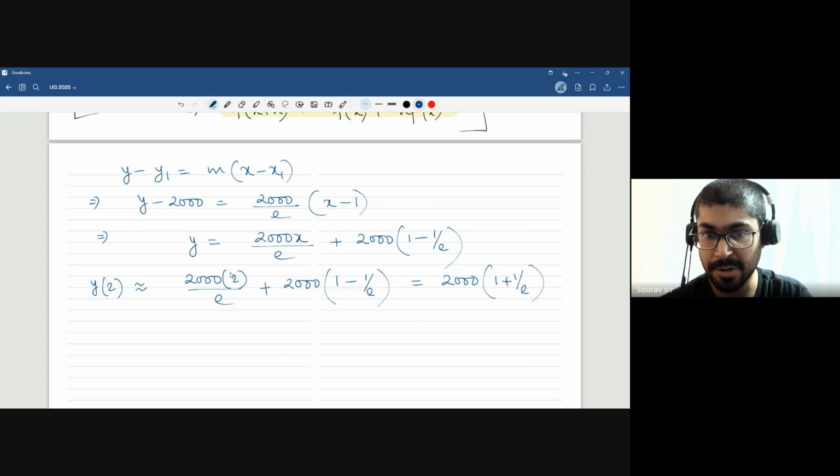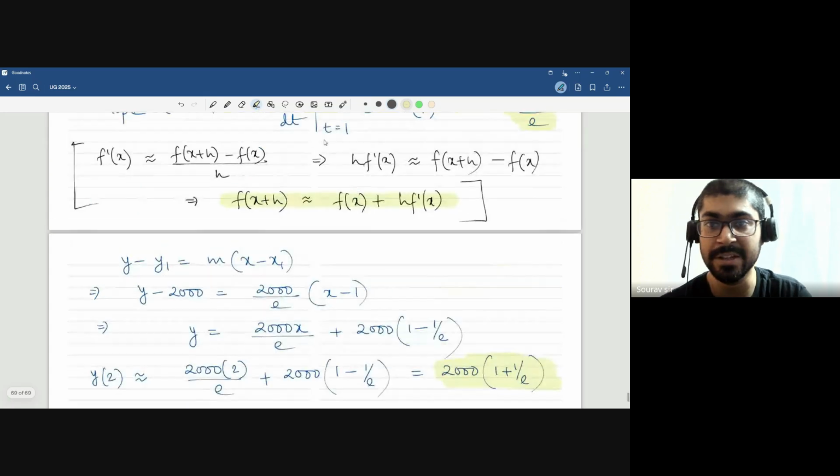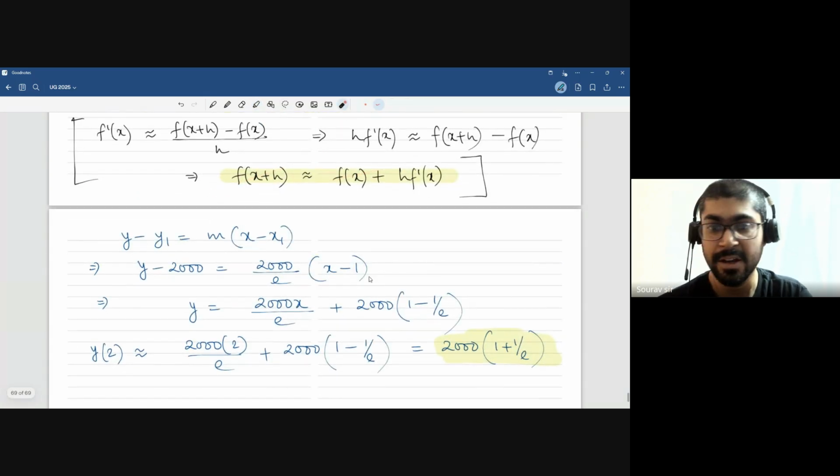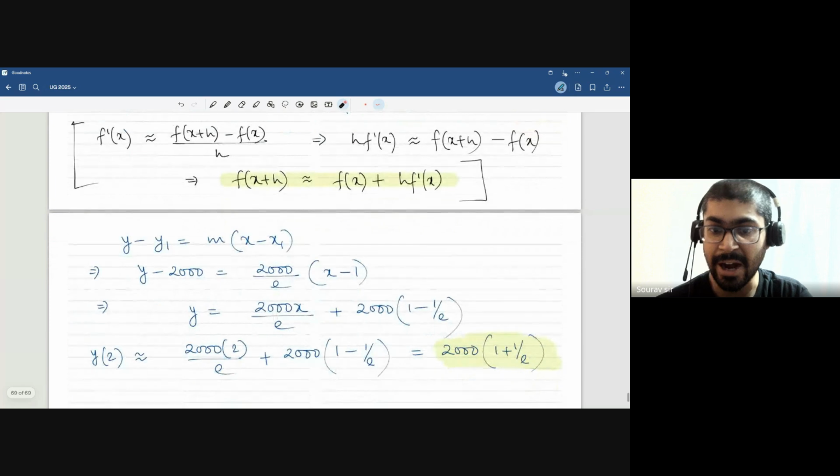Because if I take 2000 common again, this will be 1 minus 1 by e plus 2 by e. So that will become 1 plus 1 by e. Even if you follow this method, you will get the same answer, because both of these are calculating the same point. One is calculating along the tangent line, and the other is calculating the distance from the actual curve.